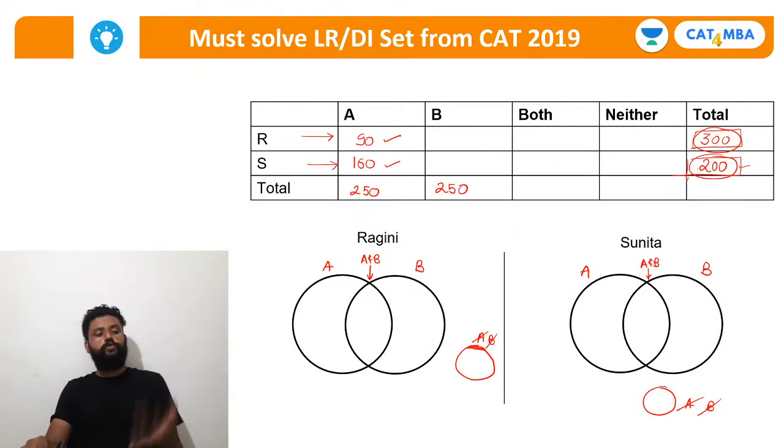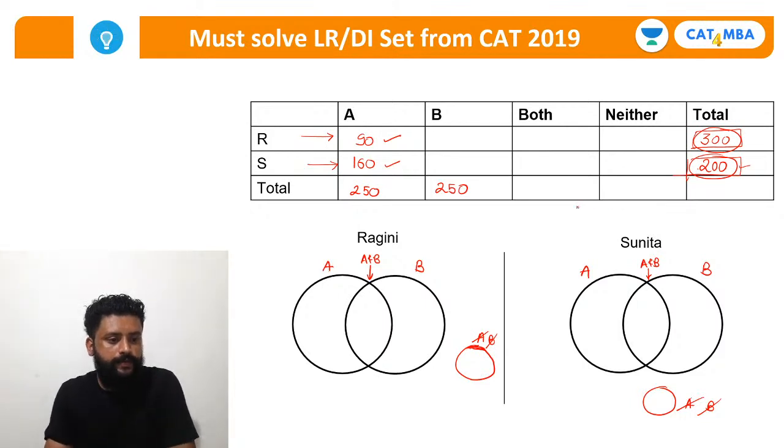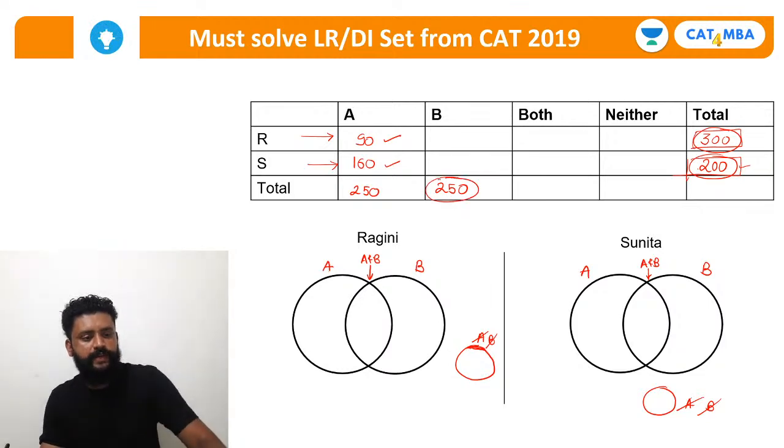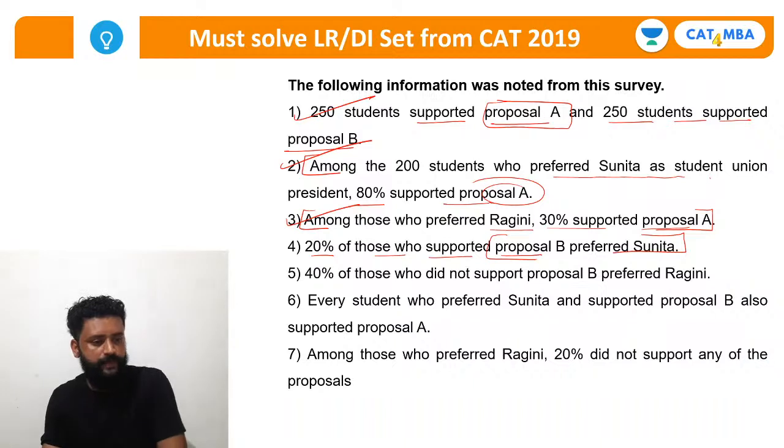Now the total for B is 250. 20% of 250 is 50. So those preferred Sunita.